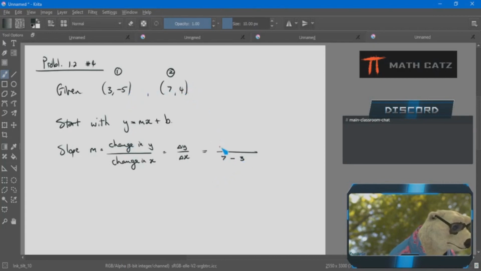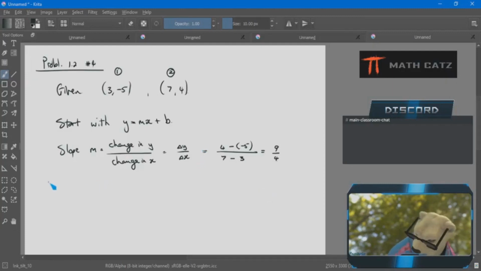Change in y, end minus start. This is going to be a fraction again, isn't it? Man, they just love their fractions. So I get 9 over 4. So a change of 9 units vertically correspond to a change of 4 units horizontally.